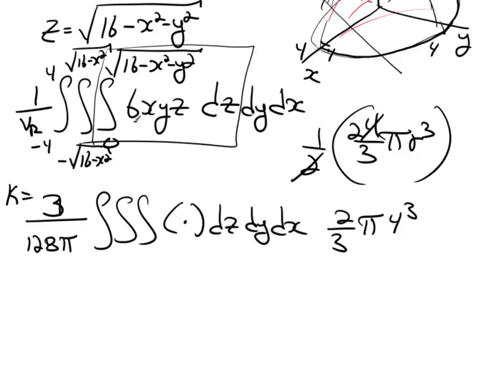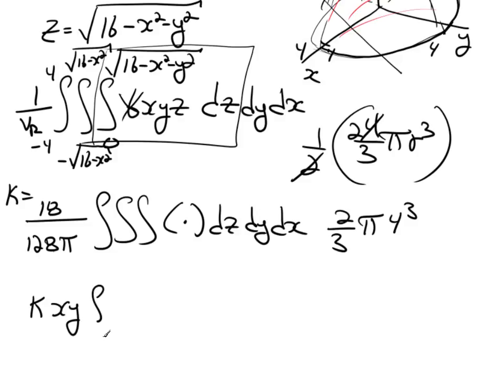And actually, I'm going to get rid of that 6 too. 6 times 3 is 18, so I'm just going to make this 18 and worry about reducing that later. So I have k times, integrating with respect to z, I can pull out the xy.